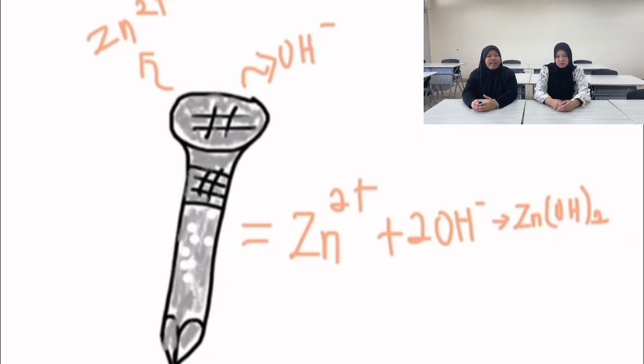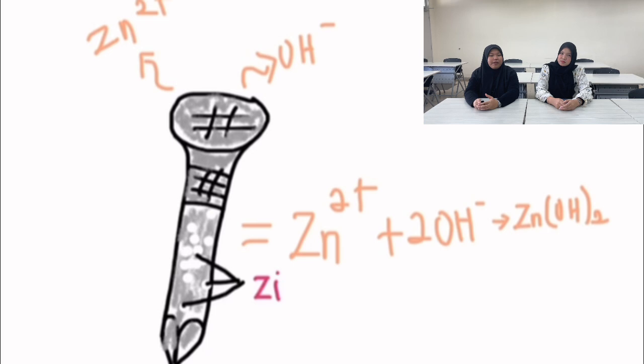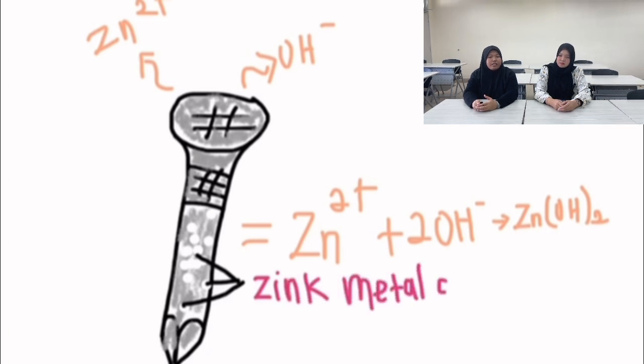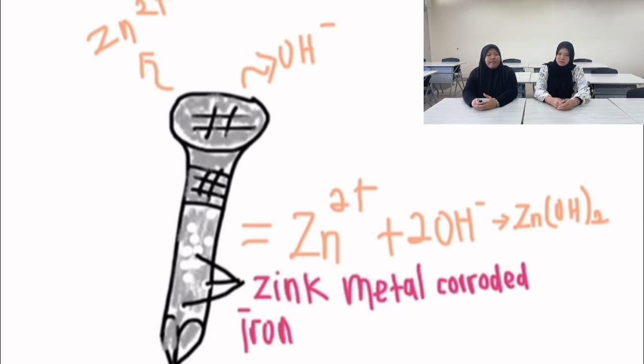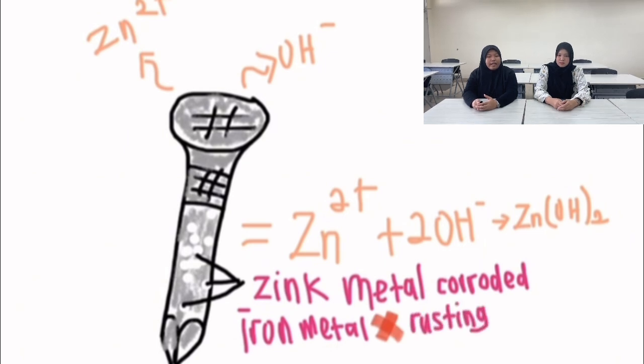Zinc ions and hydroxide ions on the zinc metal surface combine to form zinc hydroxide. Therefore, the zinc metal is corroded and the iron metal is protected from rusting. So that's what happens when an iron nail is covered with more electropositive metals such as zinc and magnesium.